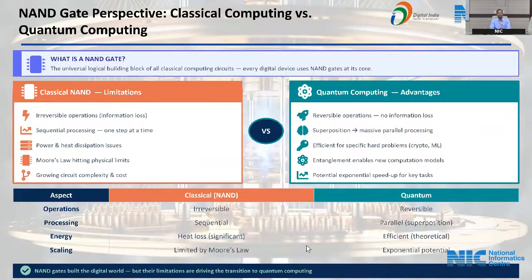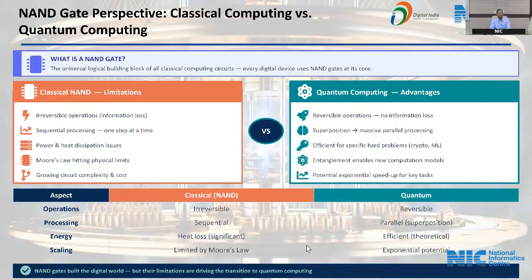As we all are aware, in a classical computer the NAND gate is a universal gate. So all the digital devices available in this world use NAND gates at their core. But there are limitations of the NAND gate. First, irreversible operations: the information cannot be reversed. Processing is sequential, and power and heat dissipation issues are always there.